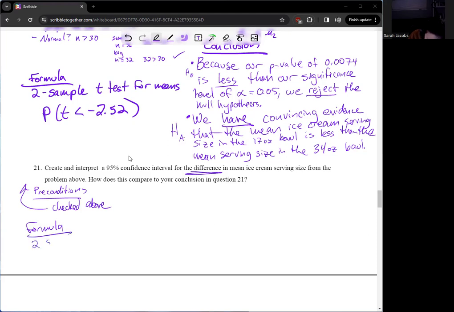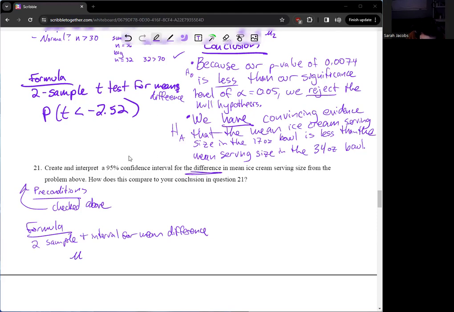This is a 2 sample T interval for the mean difference. And maybe I should have called this for a mean difference.